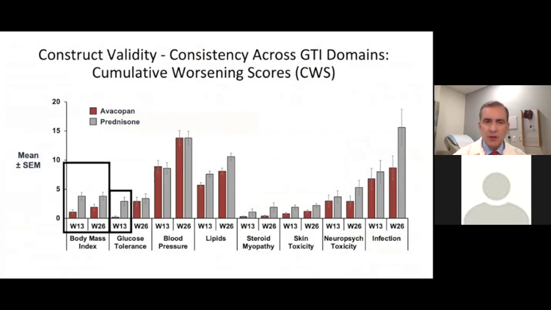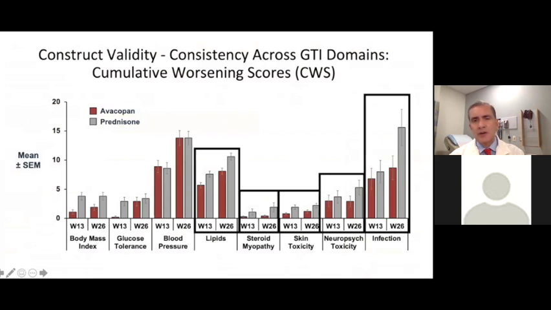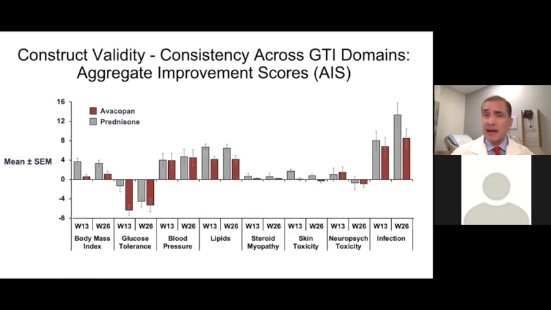So if one looks here on the left at the differences between the two groups in body mass index and at glucose tolerance as early as 13 weeks, and then across these other domains, very clear differences in lipid metabolism, steroid myopathy, skin toxicity, neuropsychiatric toxicity, and infections, favoring the new treatment group and really supporting the construct validity of the overall GTI.